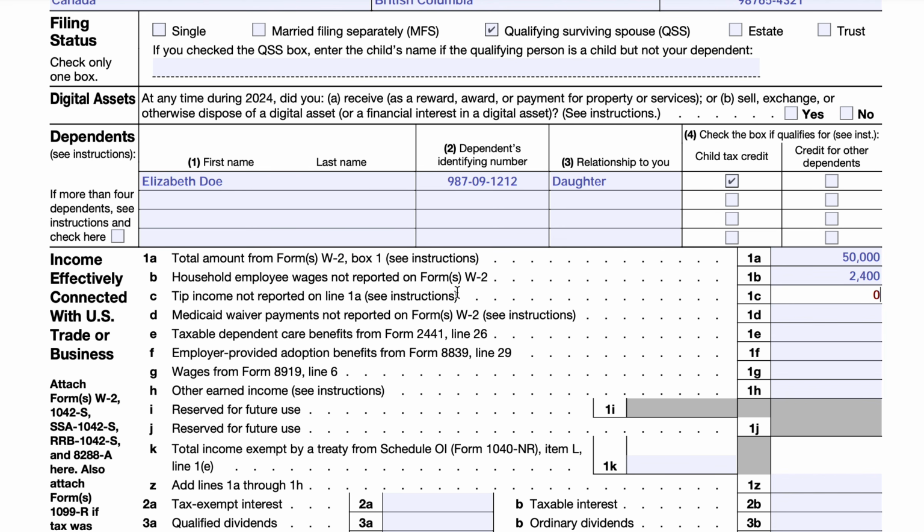You would need to complete IRS Form 2441 to determine what of those benefits are taxable, and then you would report the taxable amount of those benefits here in line 1D.